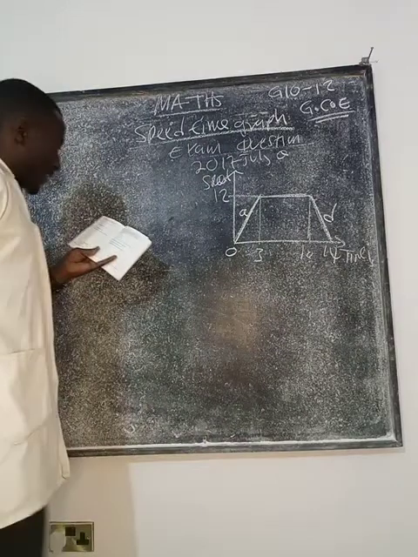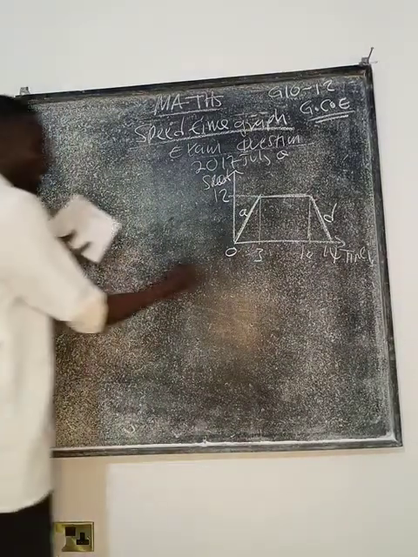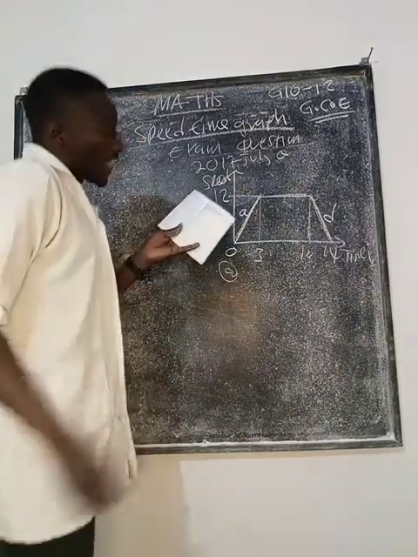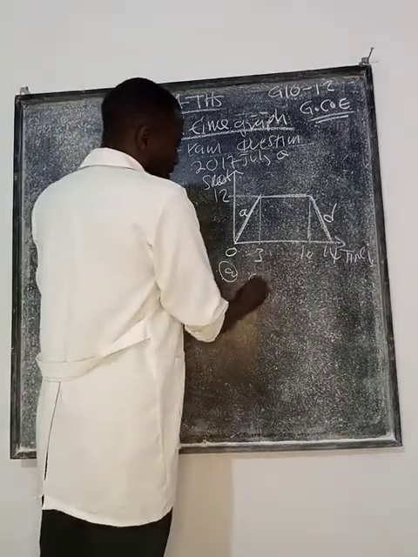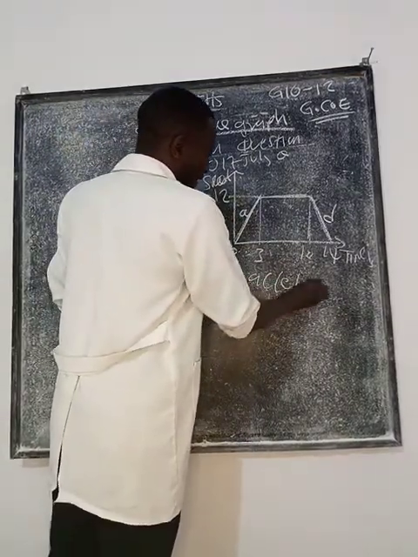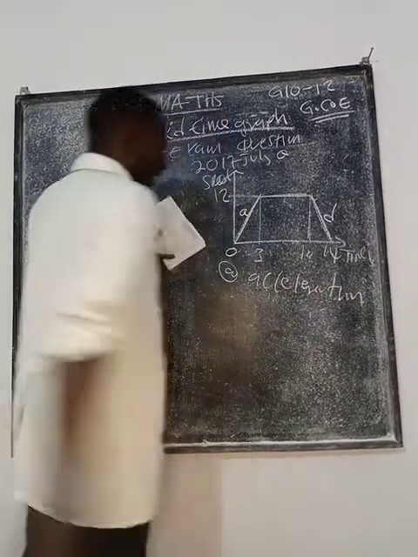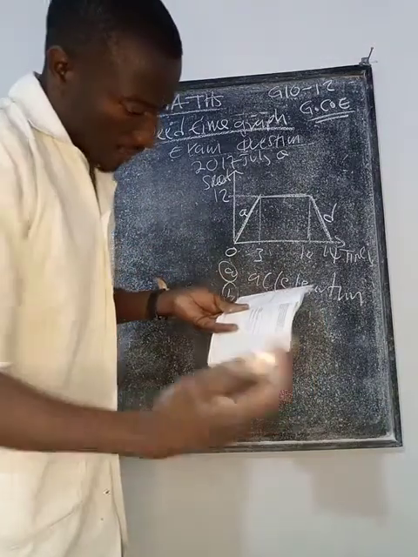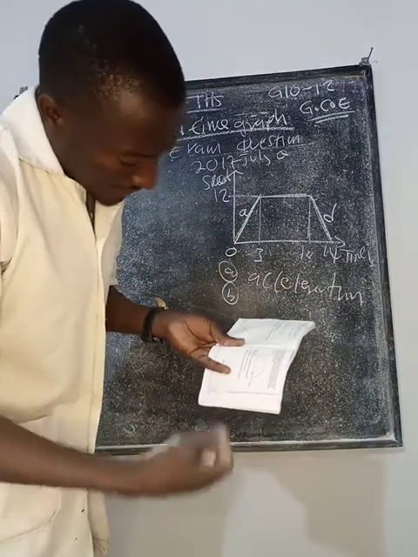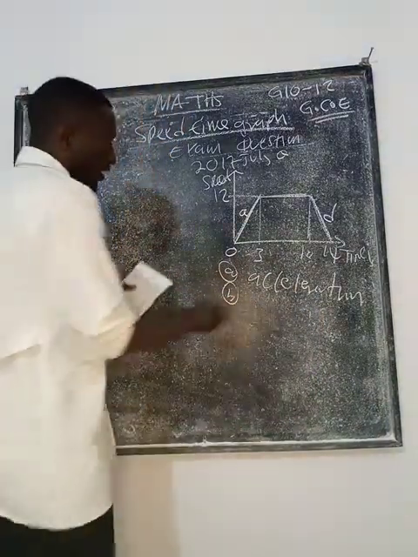The first question is to calculate the acceleration during the first 3 seconds. You can try that. The second question asks for the retardation at the end of the race.